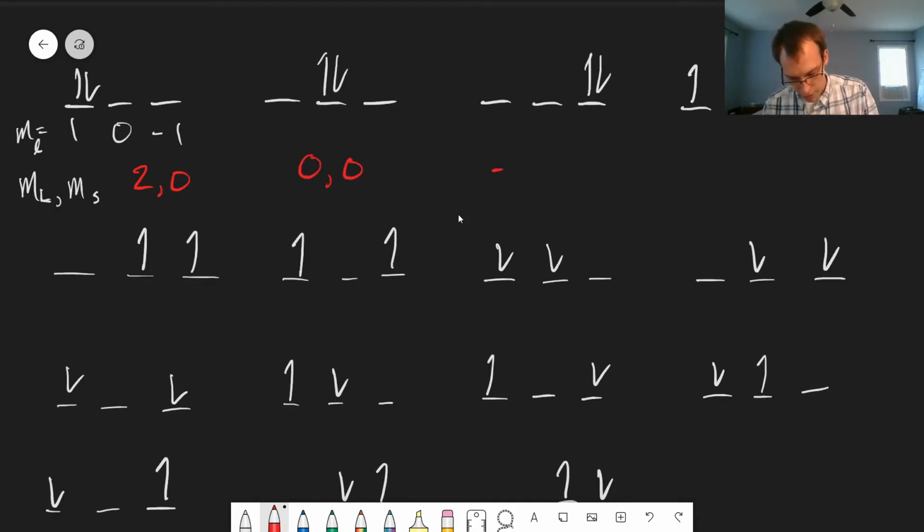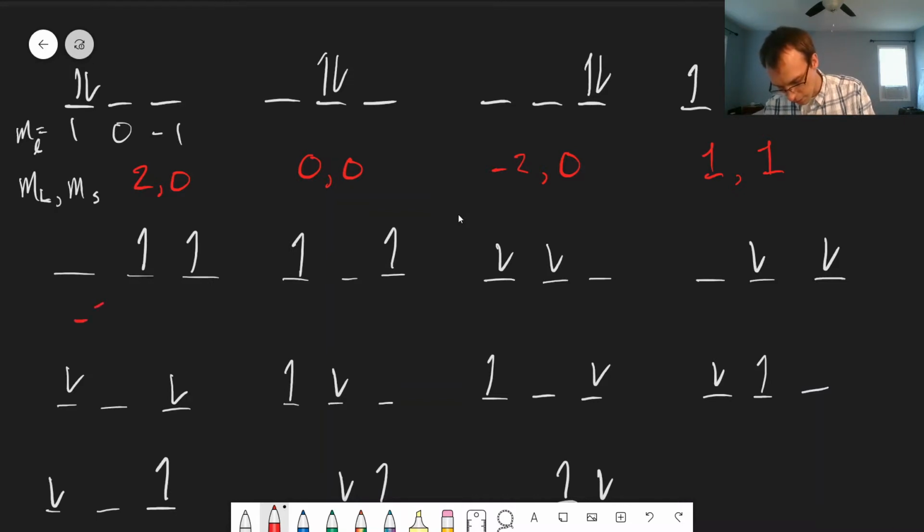And then we have -2, 0. Okay, so now we have 2 spins in the same direction, both spin up, but only one in the M sub L positive, 1 in 0. So we have an M sub L of 1 and M sub S of 1, so 2 times a half. All right, and so I'll keep going through these.